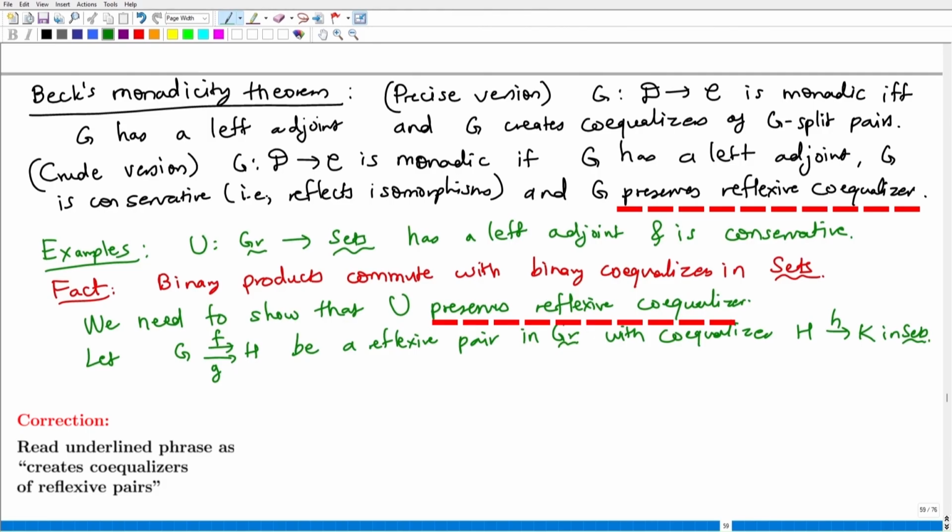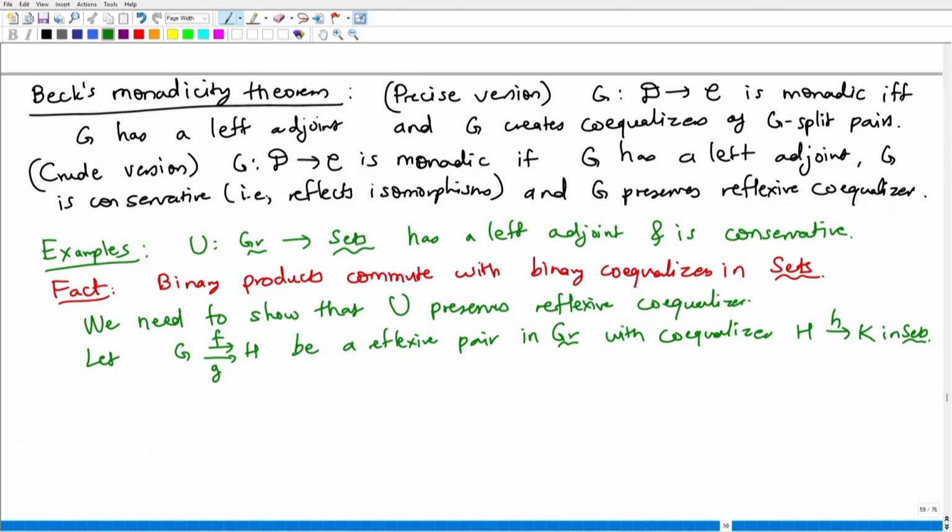Now, we are given one diagram: F, G, then H and K. This is one coequalizer diagram.